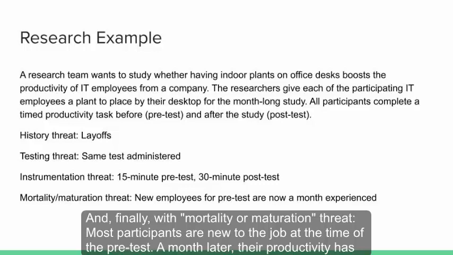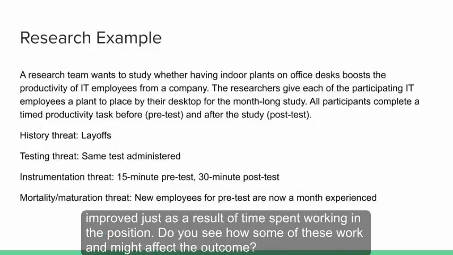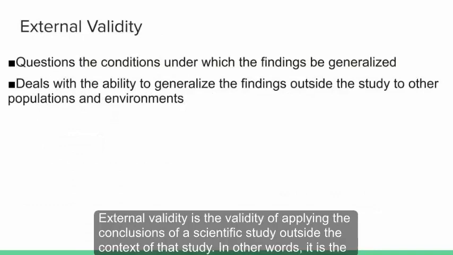And finally, with mortality or maturation, most participants are new to the job at the time of the pre-test. A month later, their productivity has improved just as a result of time spent working in the position. Do you see how some of these work and might affect the outcome?